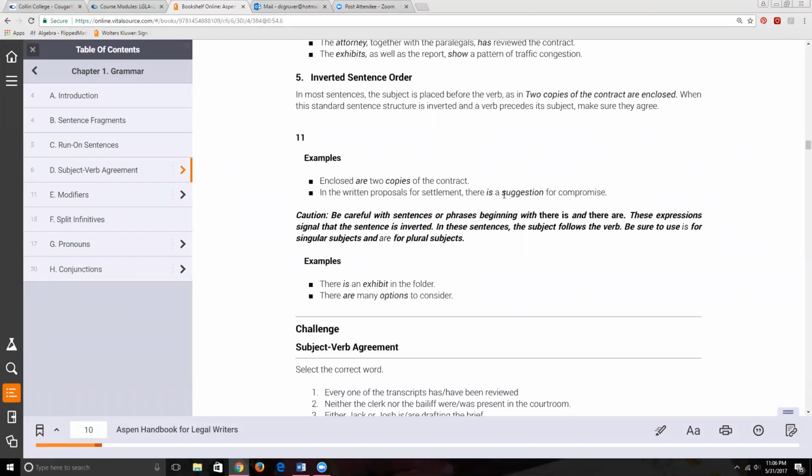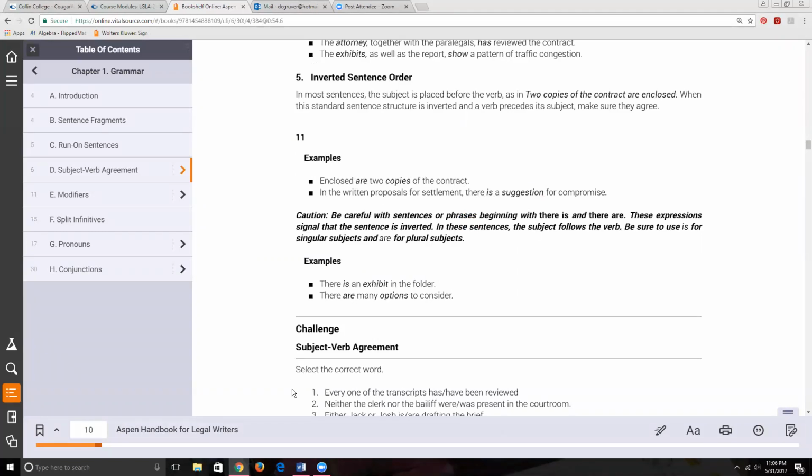In this case, our subject is singular, so we say there is a suggestion for compromise. But let's say there was more than one suggestion. We would say there are suggestions for compromise. So be sure if you invert the word order by using a there is or it is structure, or you literally invert the order, that you keep in mind, hey, I have to find the subject to make sure it matches.